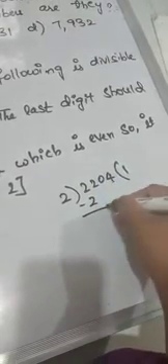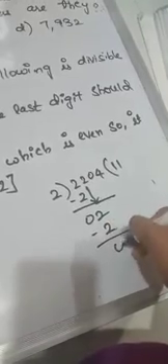How did I do it here? See here. 2204 divided by 2. 2 ones are 2, 2 minus 2 is 0. Next 2, we have to write like this. Again 2 ones are 2, 2 minus 2 is 0. Here also 0, so we write 0.